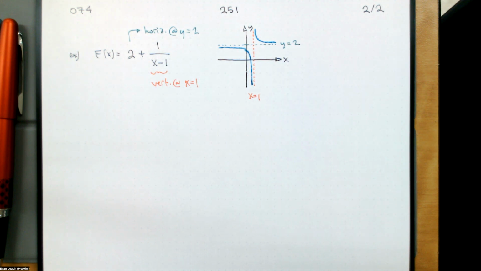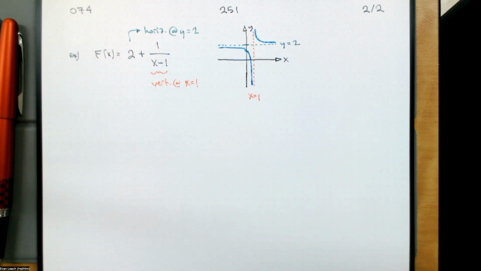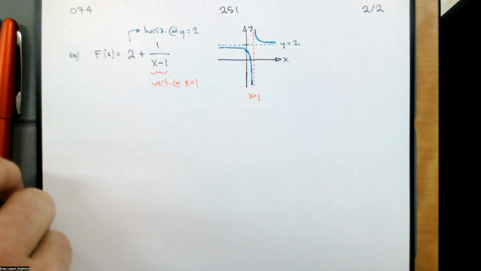Now I've got to think about variations on this. If I take the x minus 1 and square it, all the stuff that's below 2 will become stuff that's above 2.